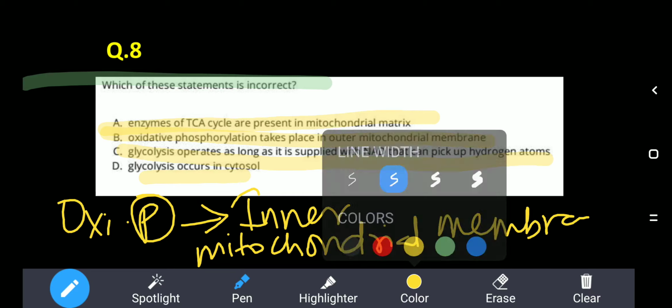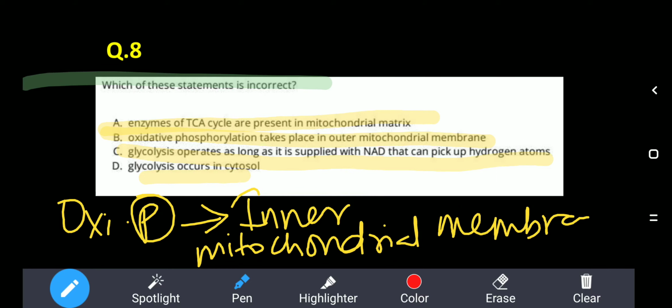So according to this concept, option B is going to be incorrect, which is going to be our answer, because what is asked here is to tell what is incorrect. So B, oxidative phosphorylation takes place in outer mitochondrial membrane, is absolutely wrong, but it is the correct answer. Enzymes of TCA cycle are present in the mitochondrial matrix.